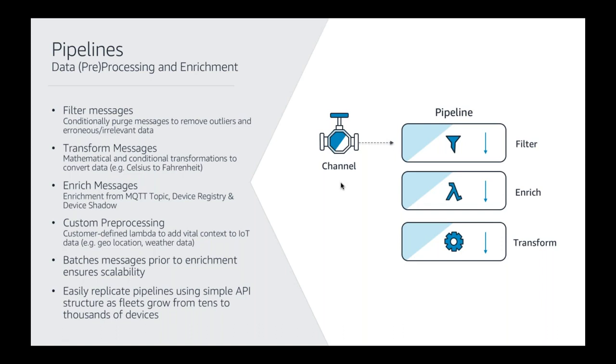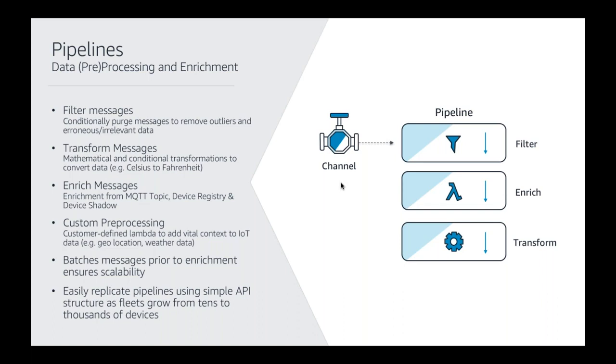From an enrichment perspective, you can bring some additional data from things such as an MQTT topic, the device registry, or the device shadow. Think of an example where, with each of these incoming telemetry messages, you want to correlate which device is running which firmware, and you have that information in your device registry.